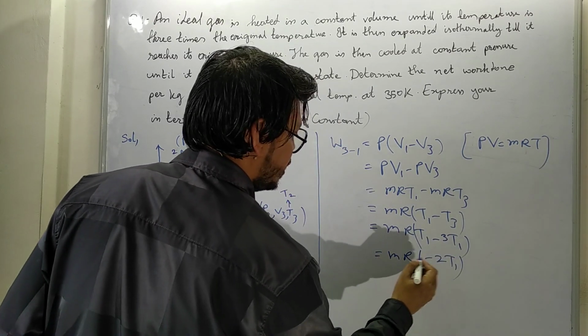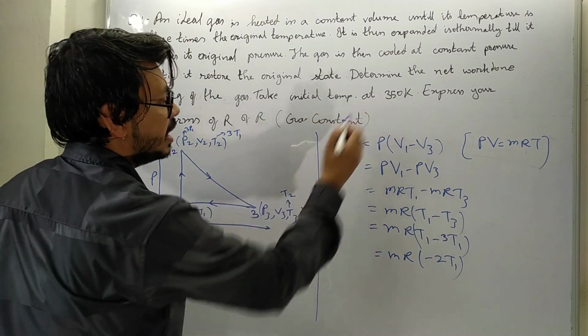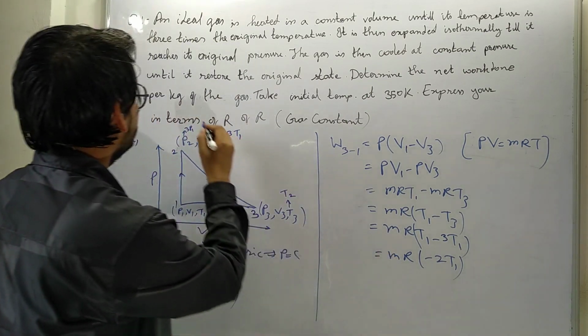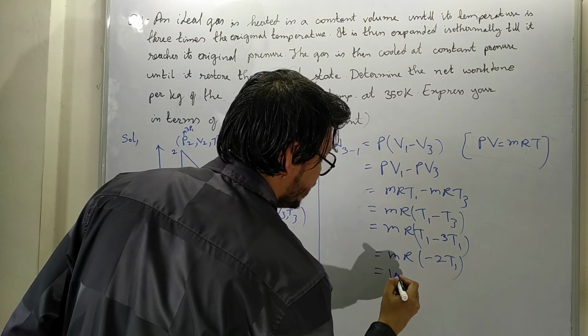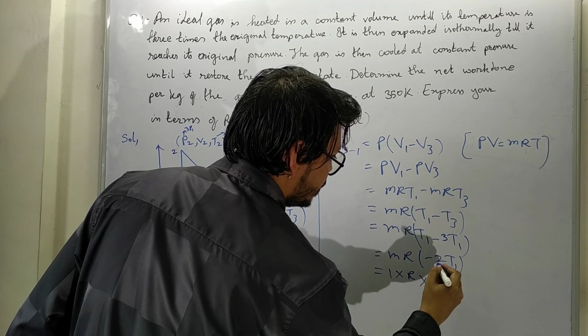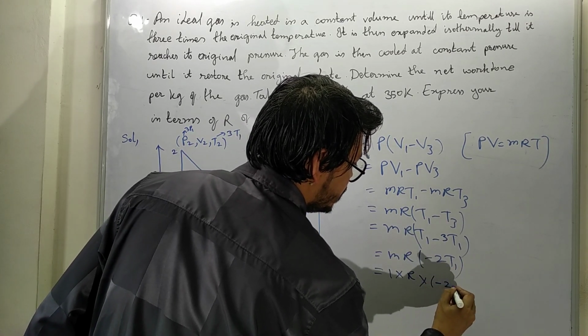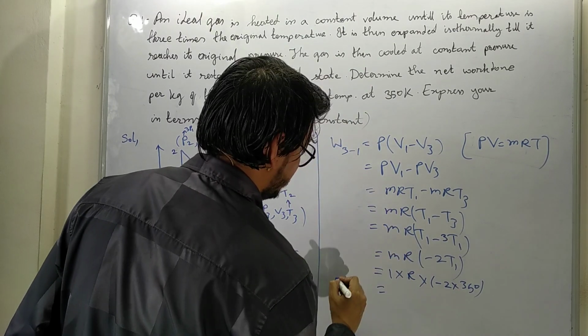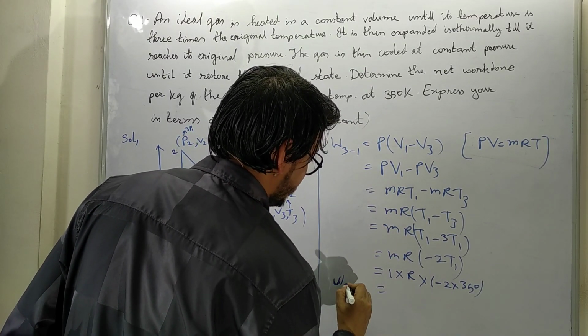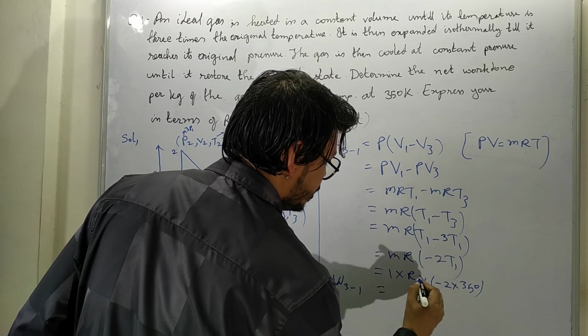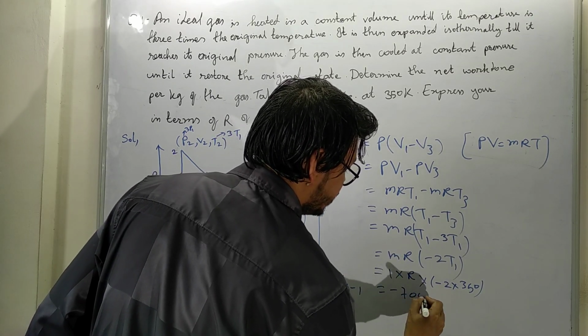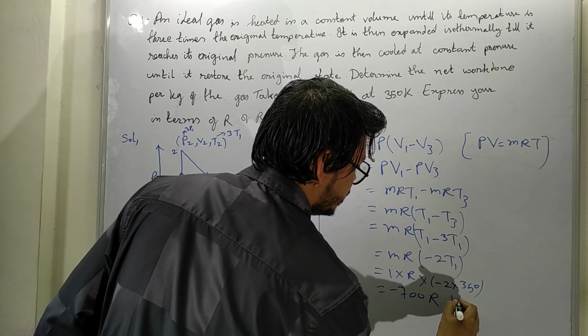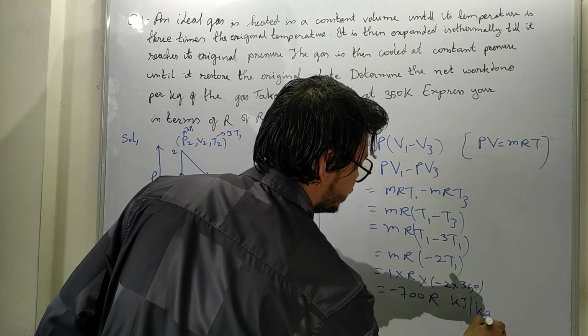We know T1 is given as 350 Kelvin and the mass is 1 kg. So substituting the values, 1 into R into minus 2 into 350, we get the work done by process 3 to 1 as minus 700 R kilojoule per kg.